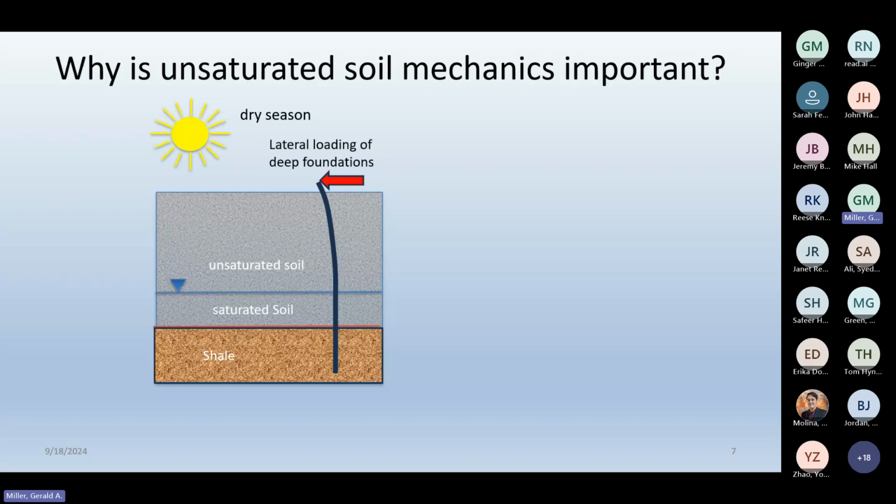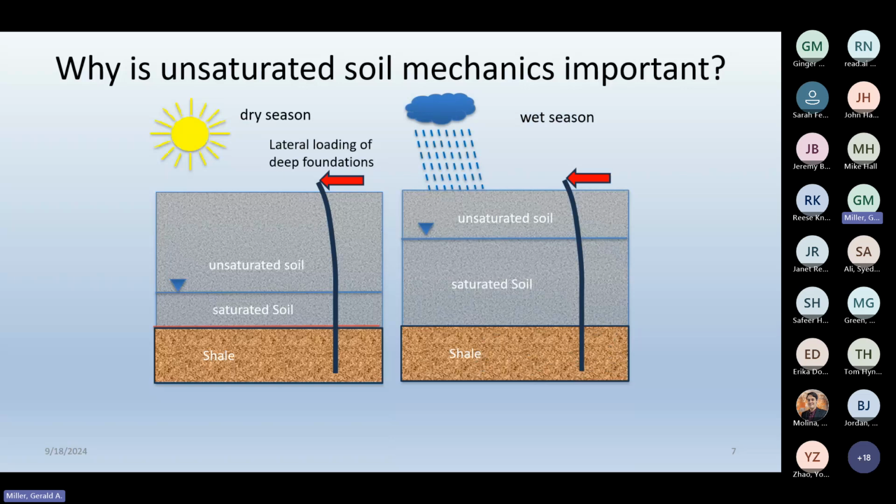And so, for example, in a clay, we have to provide estimates of undrained shear strength. I don't really like to refer to undrained strength in an unsaturated clay, but we often do what's called the total stress analysis based on undrained strength principles. And so if we're basing those on SPTs or unconfined tests from that unsaturated soil profile, again, they might be valid for this dry season condition, but what happens if we get lateral loading under a different condition, when the ground conditions are wetter?